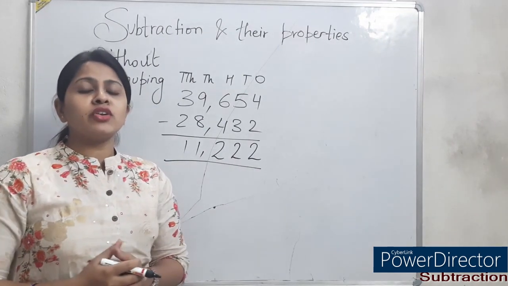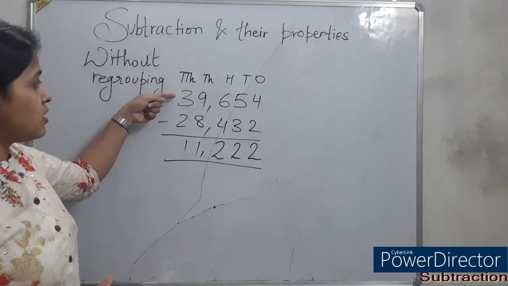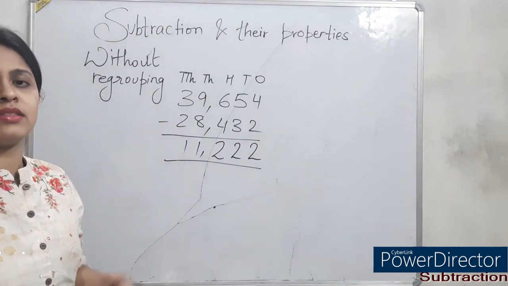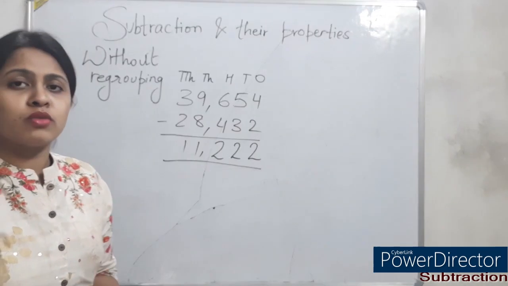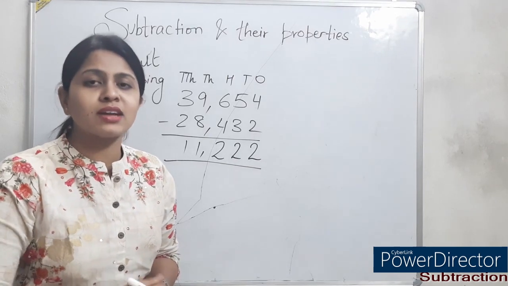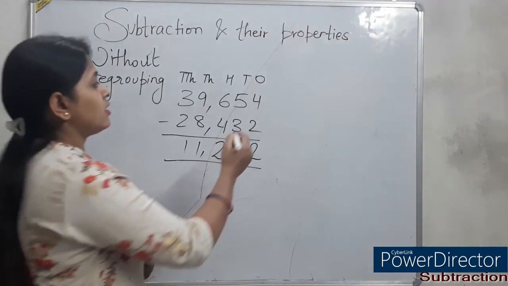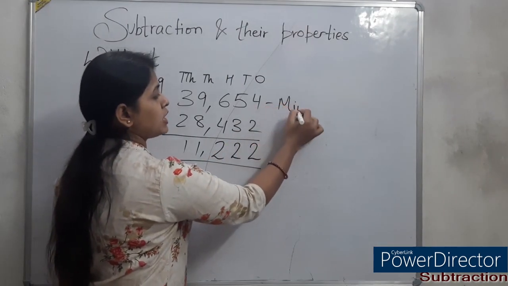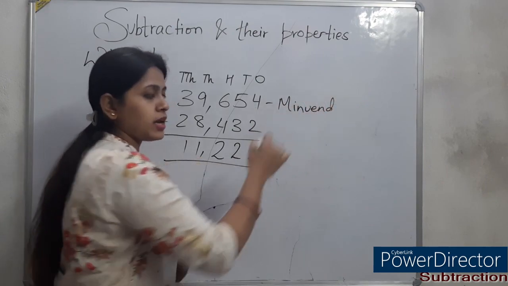What you are seeing here is that there are 3 terms: first term, second term and third term. The number from which another is subtracted is called the minuend.